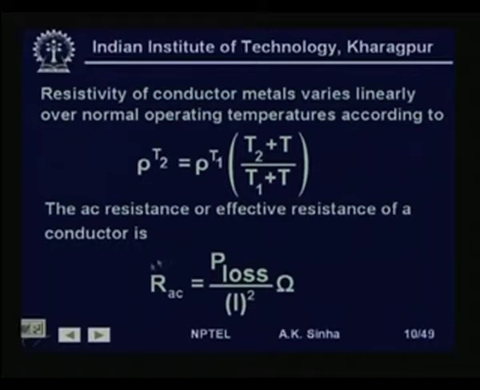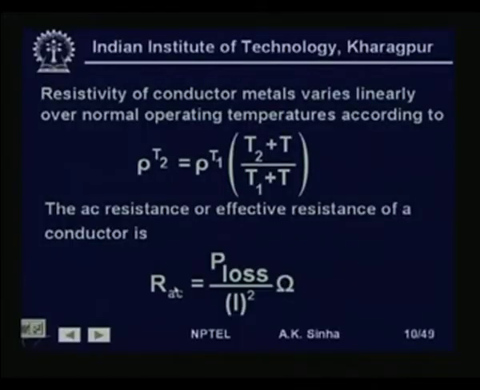So, using an experiment where we flow a certain amount of current through the conductor and find out the loss, we can calculate the AC resistance of the conductor.